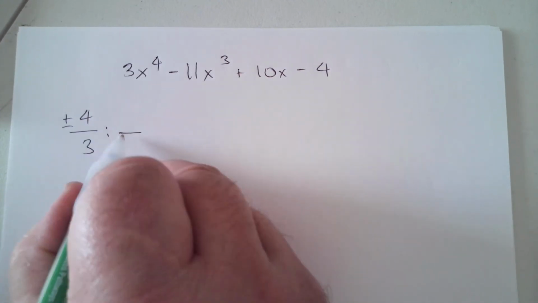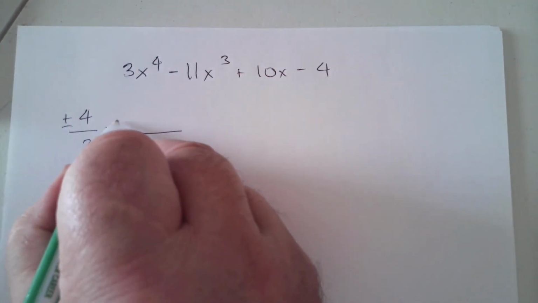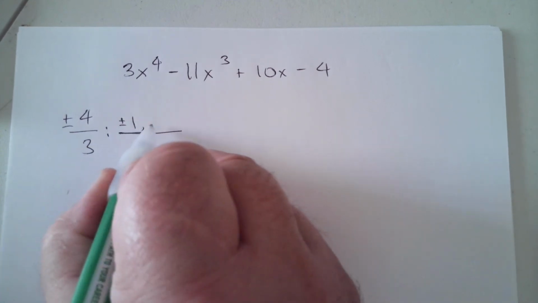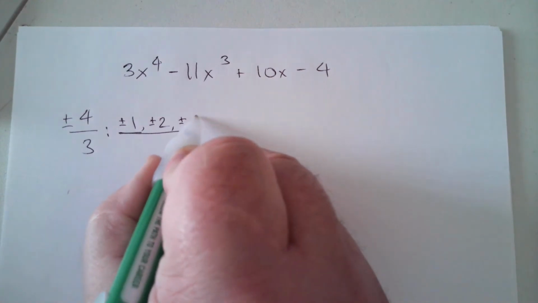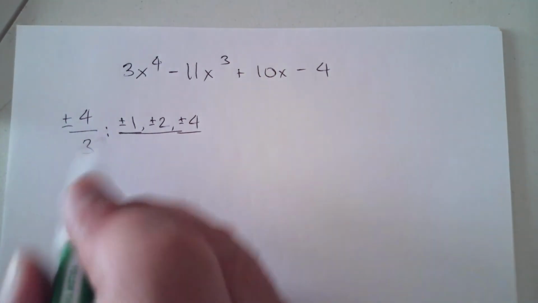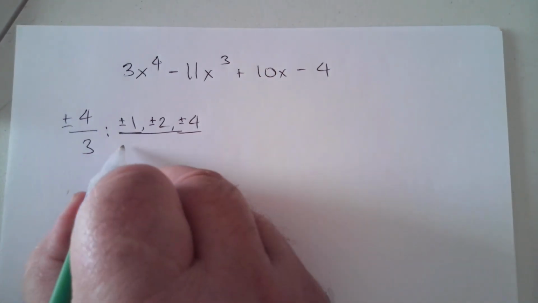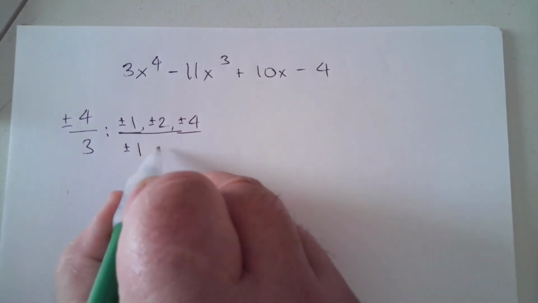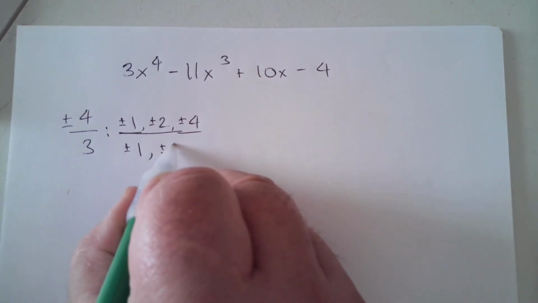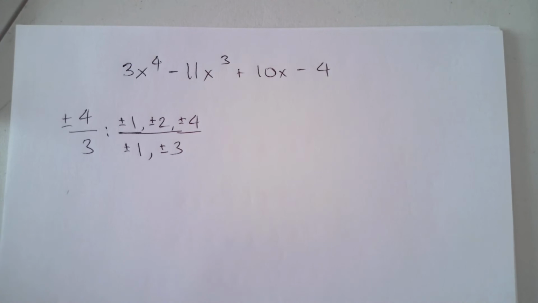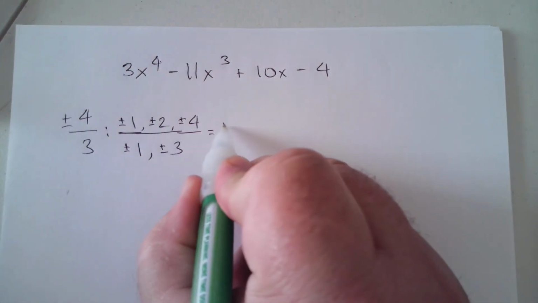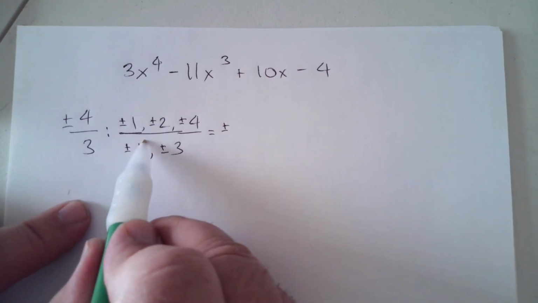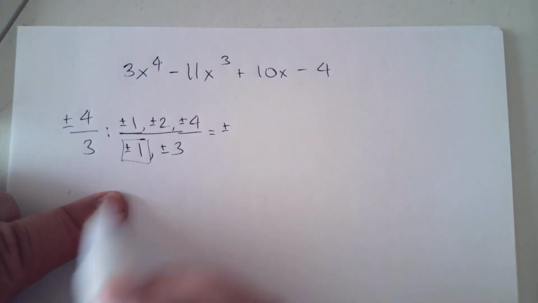What are the factors of 4? 1 times 4 or 2 times 2. So the factors of 4 are 1, 2, and 4. What are the factors of 3? Either 1 or 3. That means we could have either, let's use that as our first denominator.